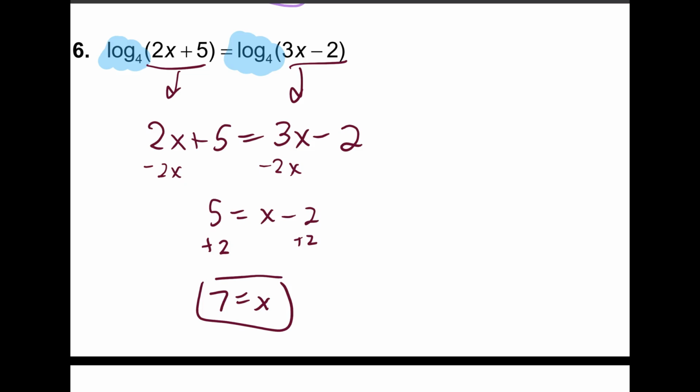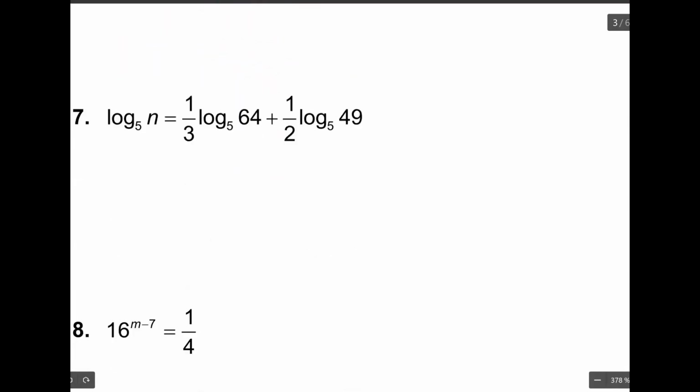If I'm taking log base 4 of this number, it has to equal log base 4 of the number on the other side. So because they have the same base, I can set what's inside equal to each other. It's not canceling out, it's setting the inside equal, since they'll have the same exponent and result. So that was x equals 7.